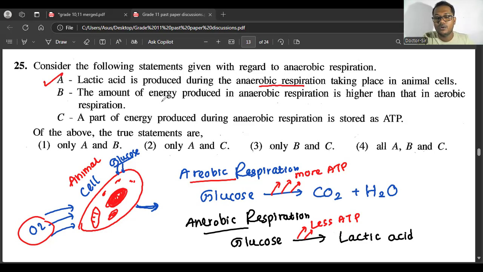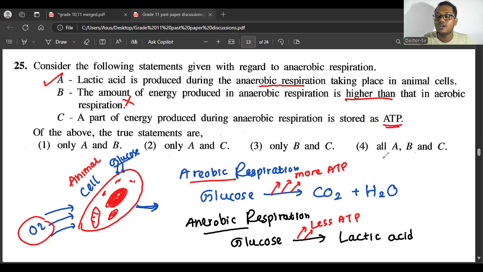The amount of energy produced in anaerobic respiration is higher than aerobic respiration. No, that is wrong. Why? Energy is given by the ATP, so more ATP is produced in aerobic respiration, not in anaerobic. So B is wrong. Then, a part of the energy produced during anaerobic respiration is stored as ATP.